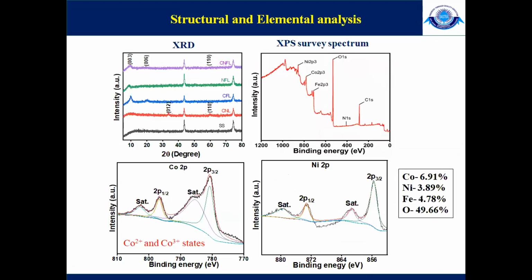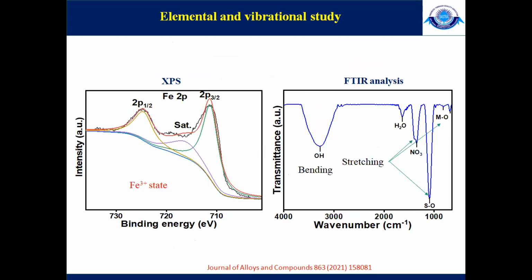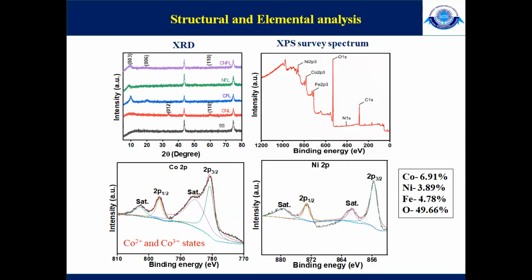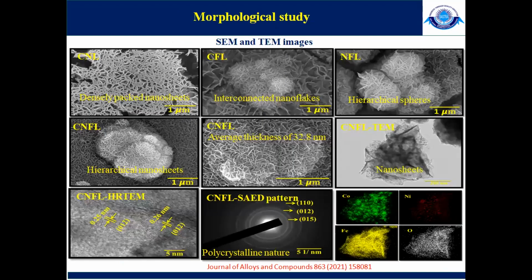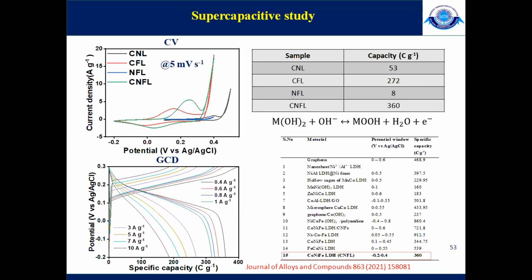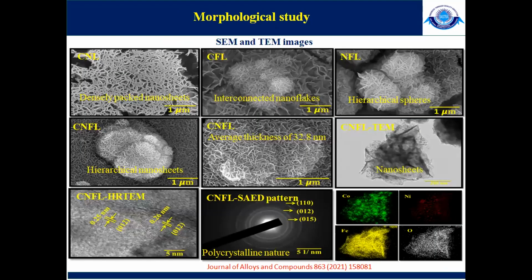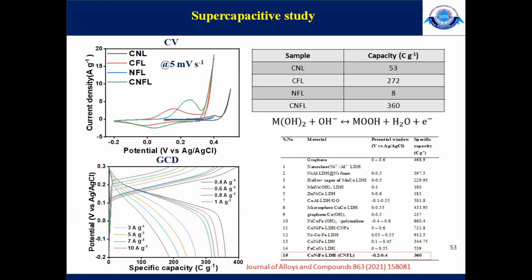Similarly, we executed structural, morphological, and electrochemical analysis of those samples, and from this we can conclude that ternary layered double hydroxides have greater advantages compared to binary layered double hydroxides, which can be clearly seen here.